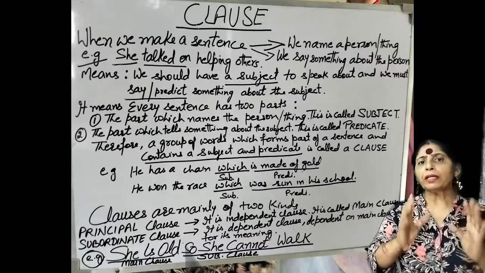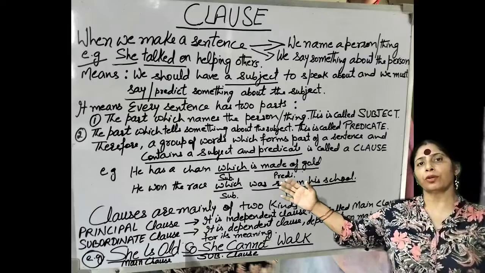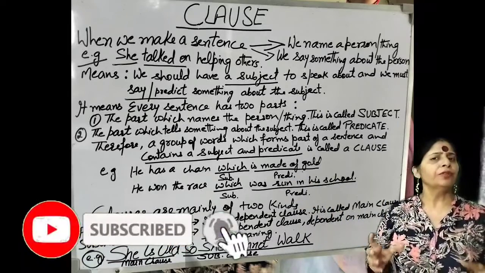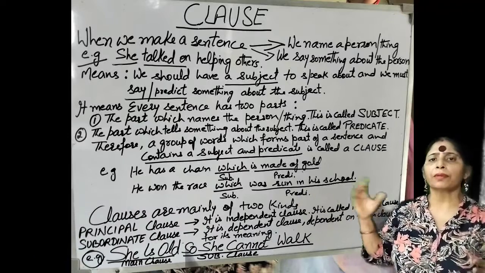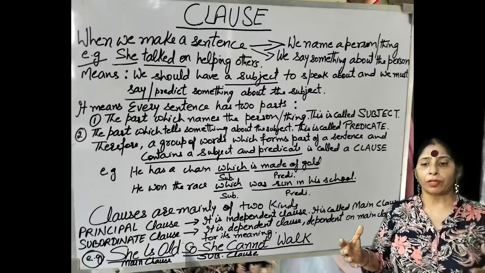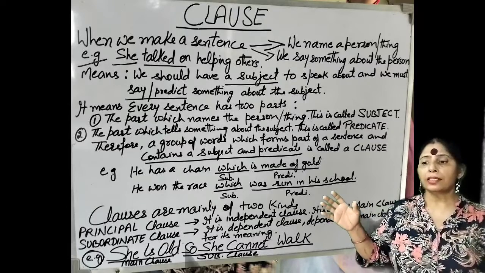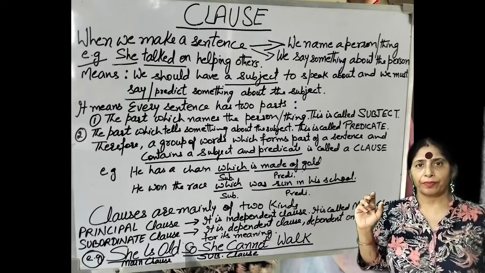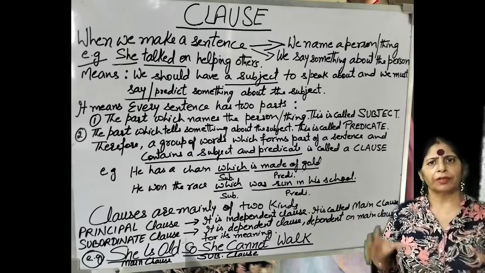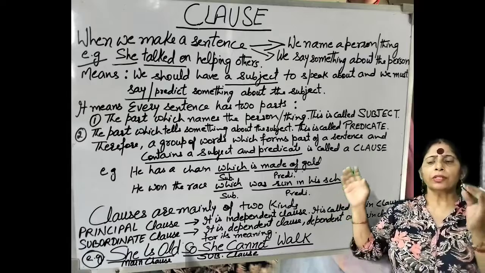The second part tells something about the subject, predicts something about the subject, and this is called the predicate, or in another way we can say the verb. So this is the predicate.